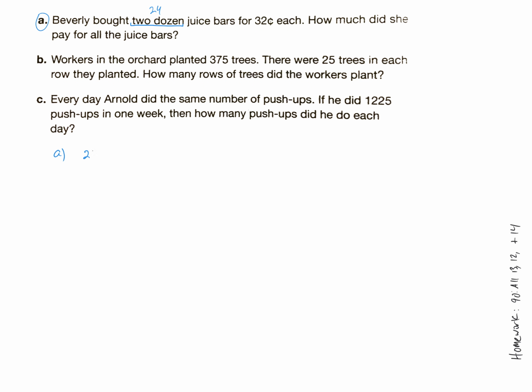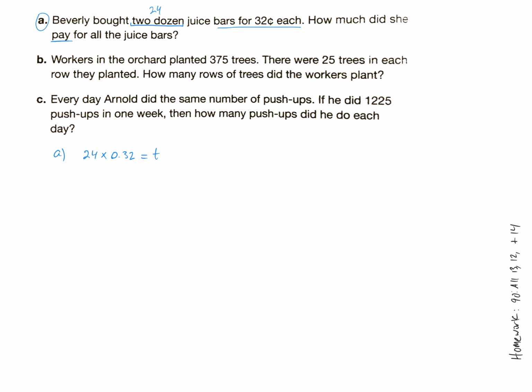That's the number of groups, multiplied by the number in each group, in this case how much it costs for each, which is 0.32. It asks how much she paid, so it's wanting the total.